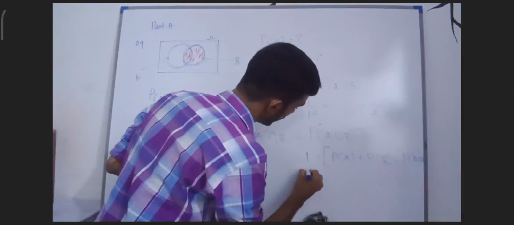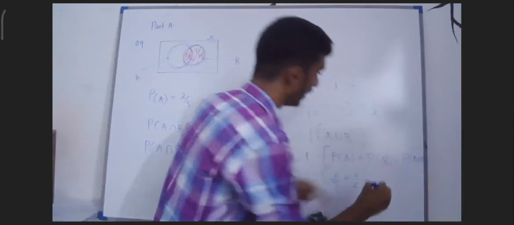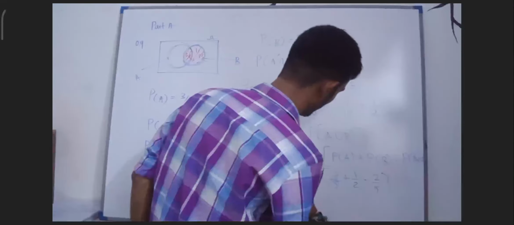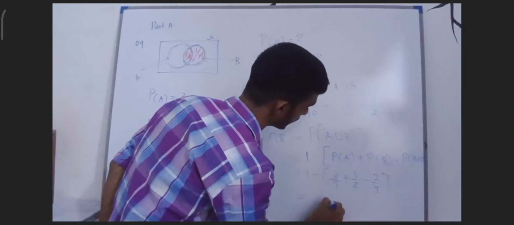So that is equal to 1 minus, probability of A is given as 3/5, plus probability of B we have found out as half, minus this also given 2/5. Now if you simplify this, you will get the answer as 3/10.